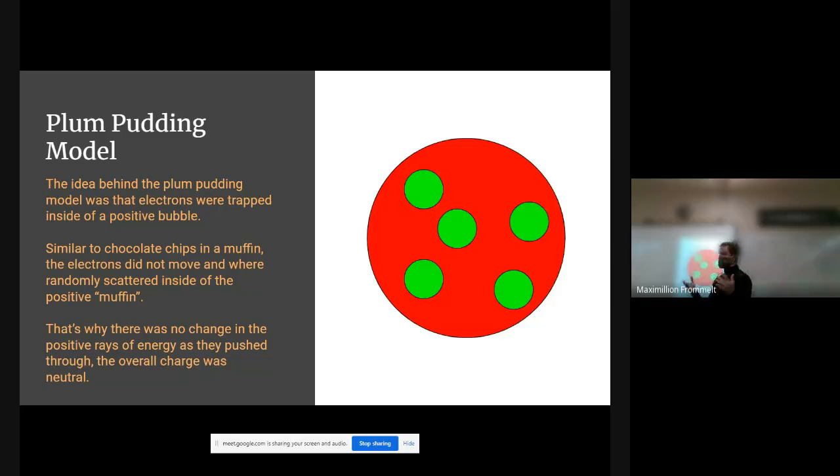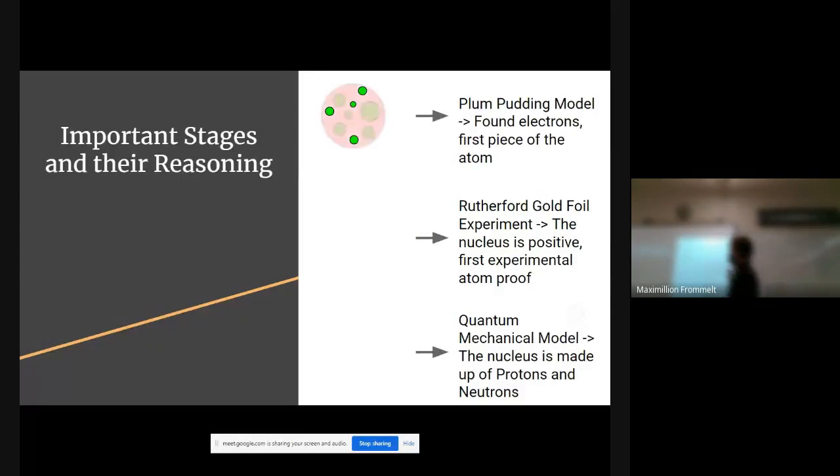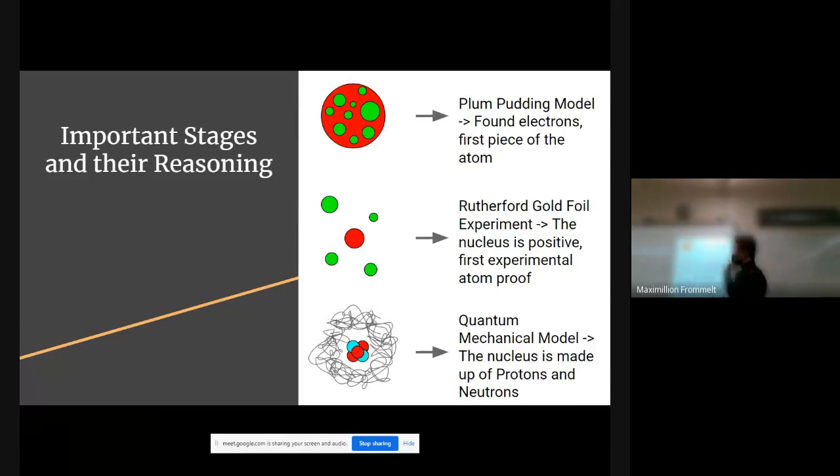The plum pudding model was our first idea behind electrons, as we had hinted at the fact that they exist, but this model was not testable, and hence why there was no change as positive rays were going through it, because this was one, just a theory, but two, as we found out from the other model, that was actually incorrect.